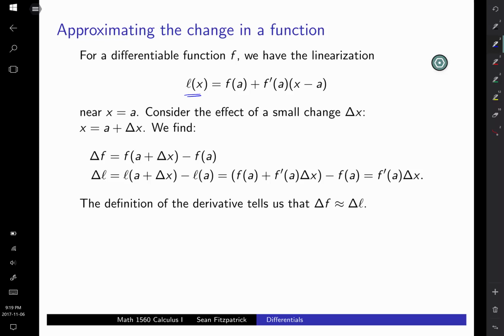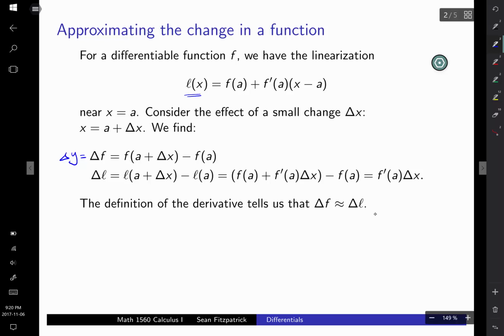If you make a small change in x and look at what happens to the original function, you can think of this as delta y. So delta y is f at the new value minus f at the old value. You could also consider the change if instead of following the graph of f you just moved along the tangent line. So we stay on the tangent and we see what happens.